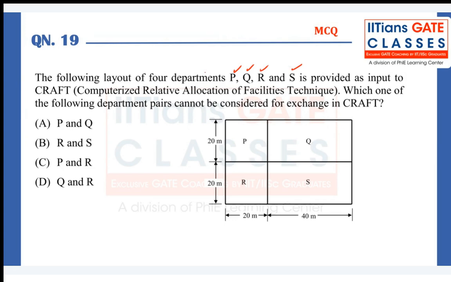The P, Q, R and S department dimensions are given properly. Let's check the options. They ask which one of the following department pairs cannot be considered for exchange. Either P and Q have to exchange, or R and S, or P and R, or Q and R.